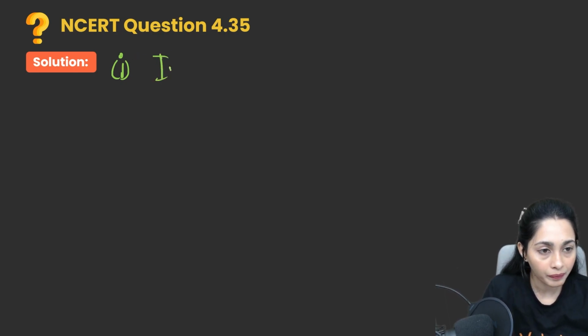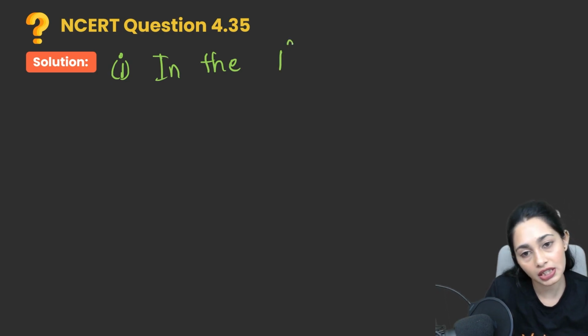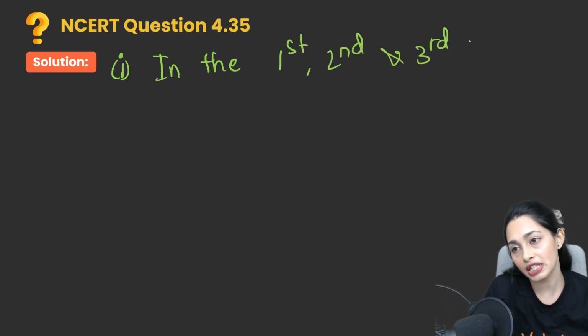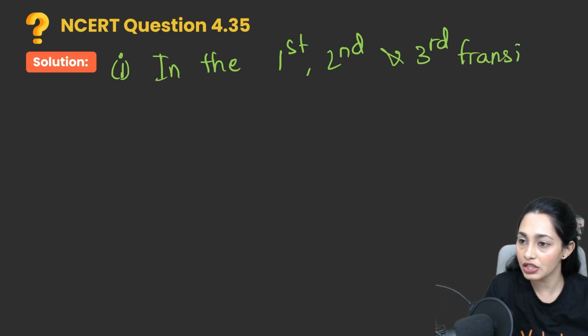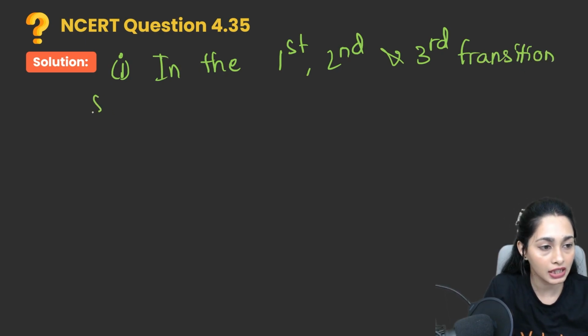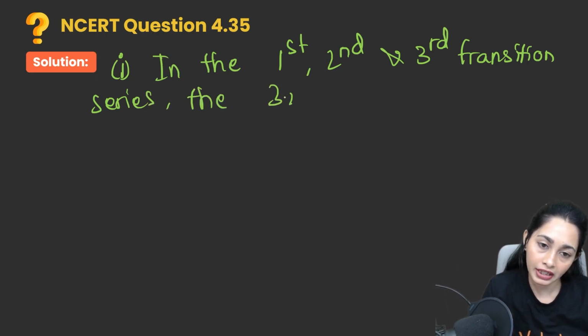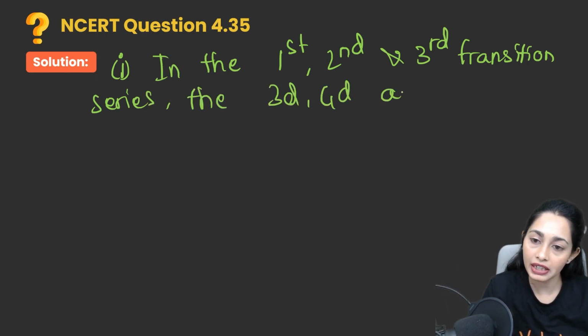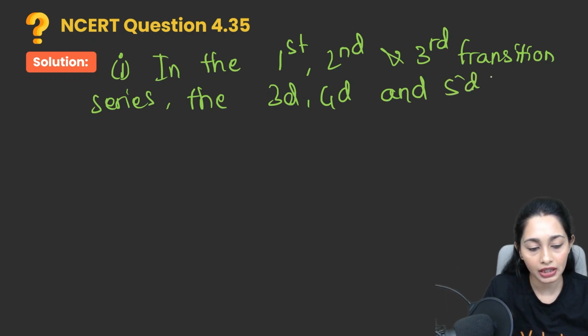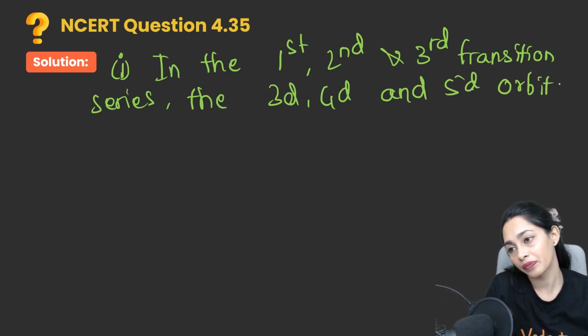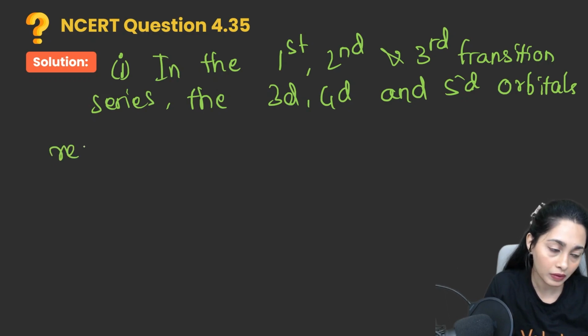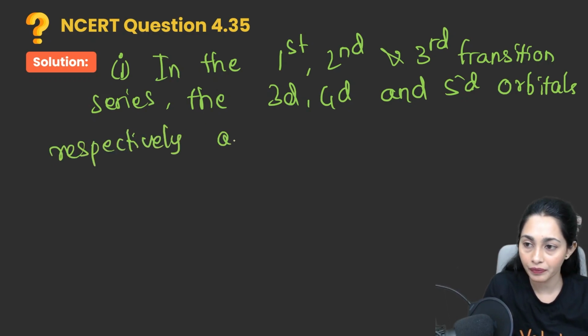In the first, second, and third transition series, the 3d, 4d, and 5d orbitals respectively are filled.